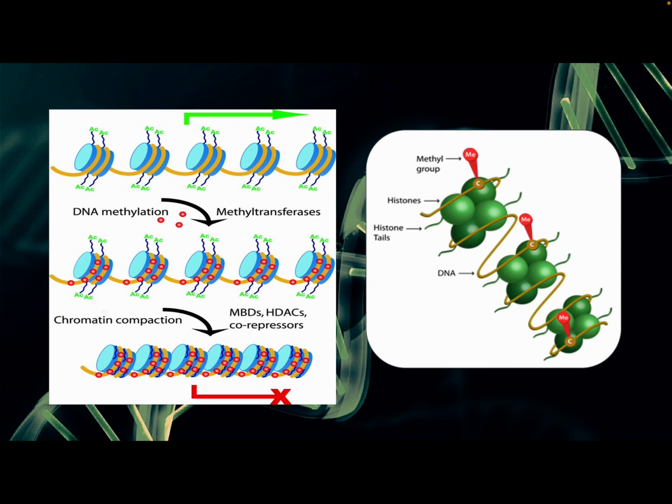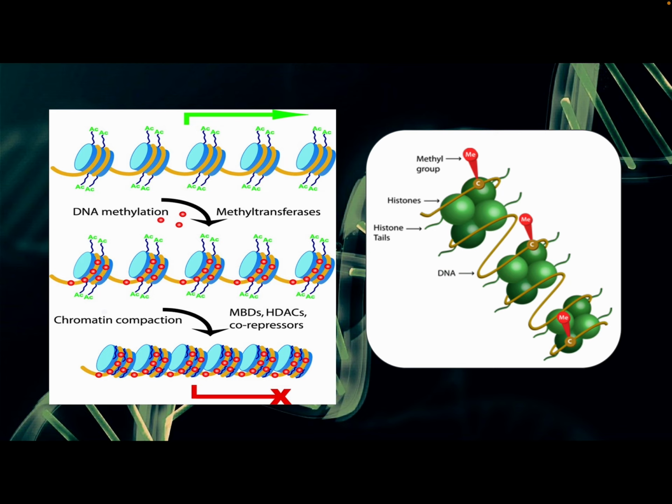DNA methylation may affect the transcription of genes in two ways. First, the methylation of DNA itself may physically impede the binding of transcriptional proteins to the gene, and second, the likely more important, methylated DNA may be bound by proteins known as methyl CpG binding domain proteins, also known as MBDs.